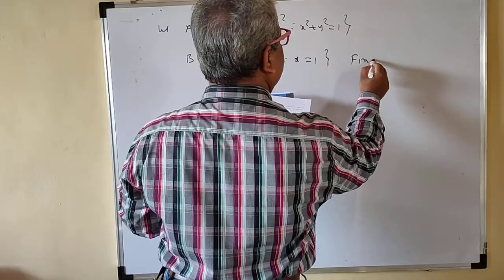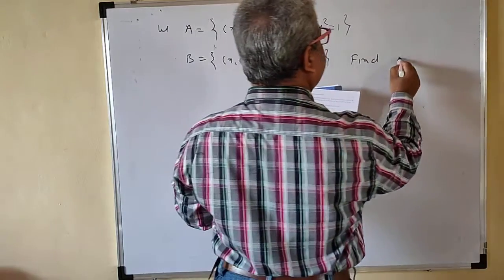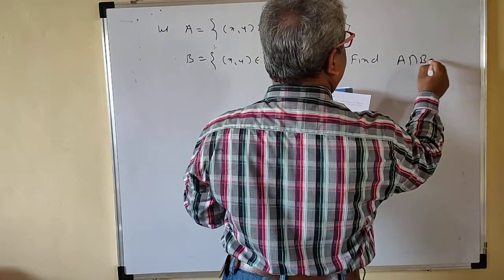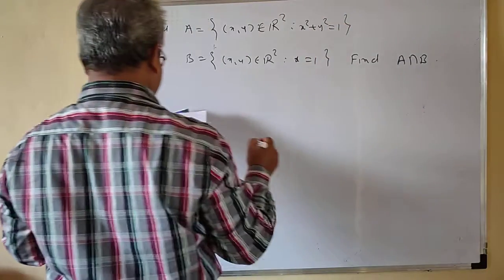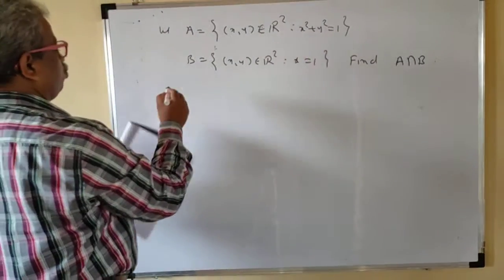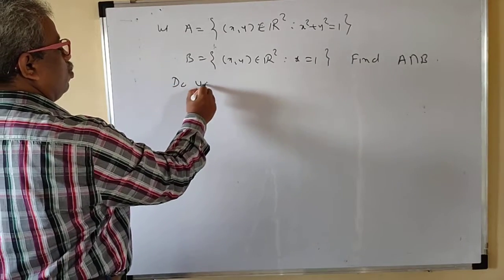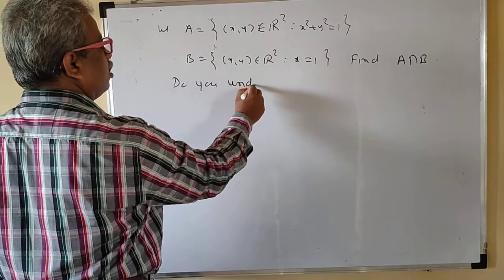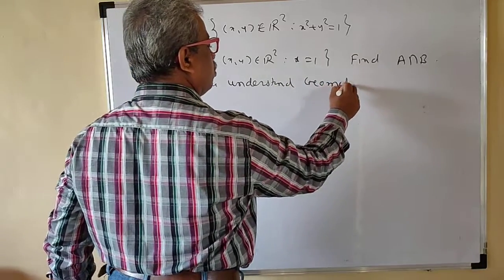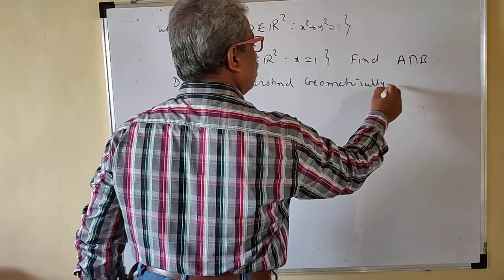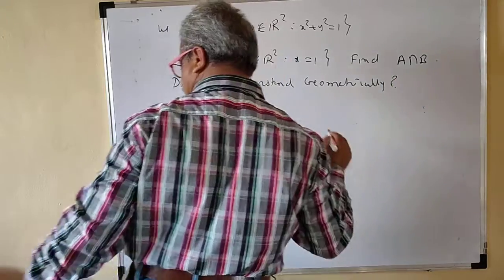Find A intersection B. Do you understand this geometrically?